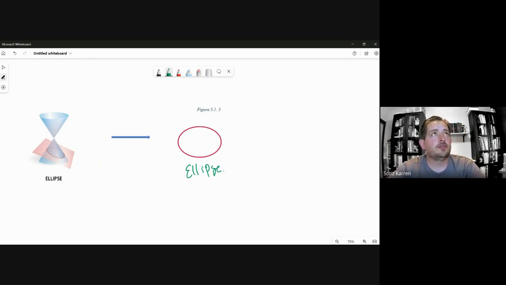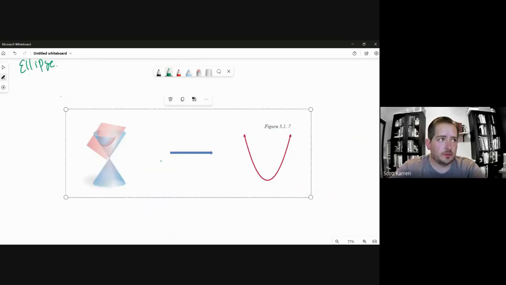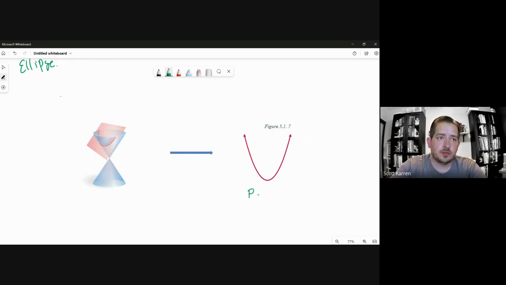And if you take that plane and tilt it just right, you'll only slice through one of those cones, and that creates a parabola. So that's this guy, parabola.